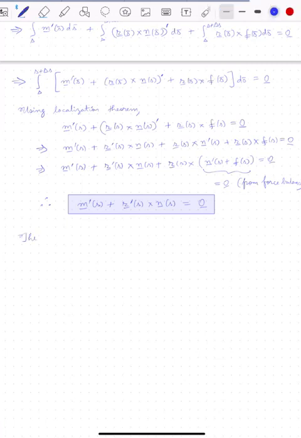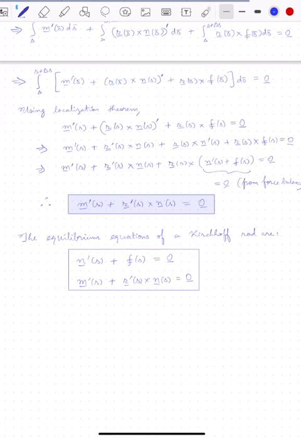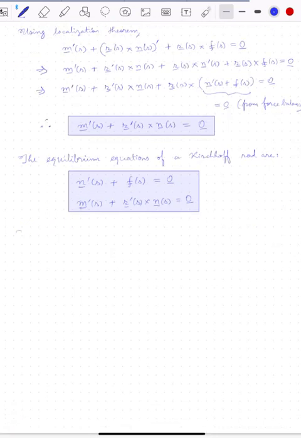So I can just write the equilibrium equations of a Kirchhoff rod are N prime of S plus F and also the moment equation.